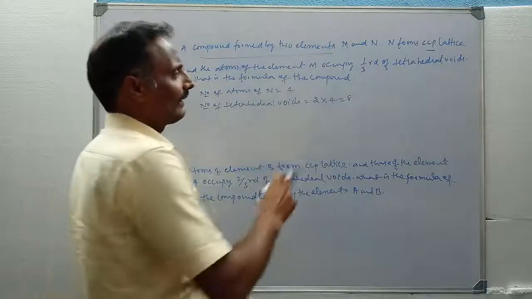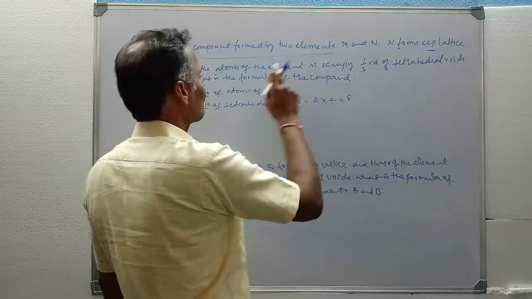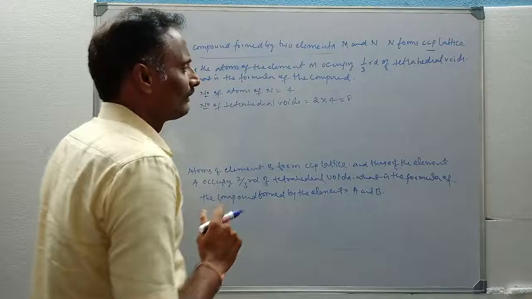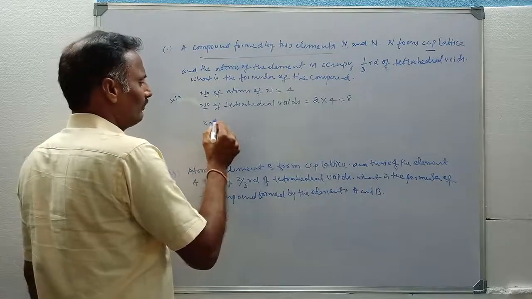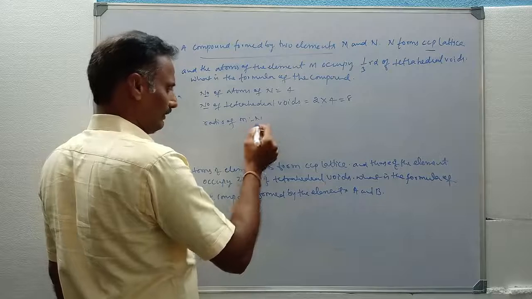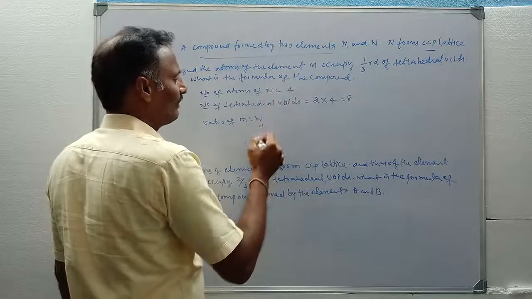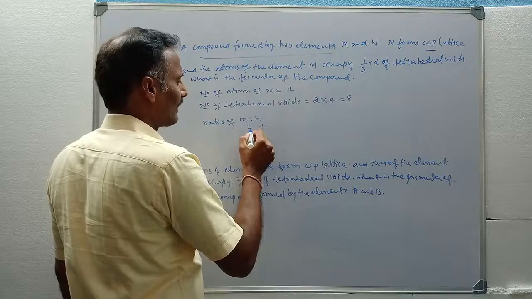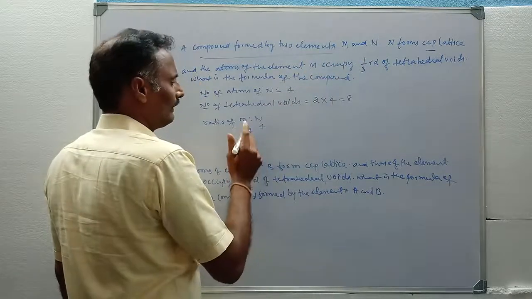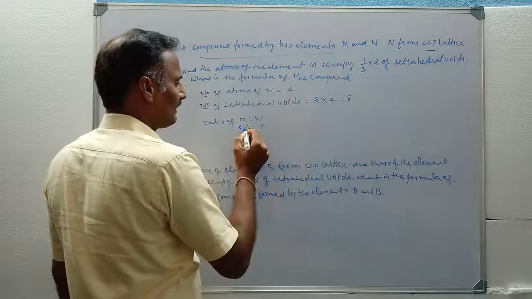Out of the 8 tetrahedral voids, 1/3 of the tetrahedral voids are occupied by the atoms of M. Then the ratio of M and N is given by: number of particles of N is 4, and M atoms occupy 1/3 of the 8 tetrahedral voids, that is 8 into 1/3.